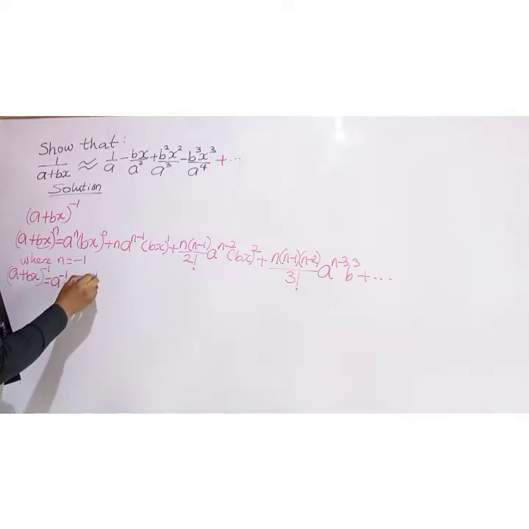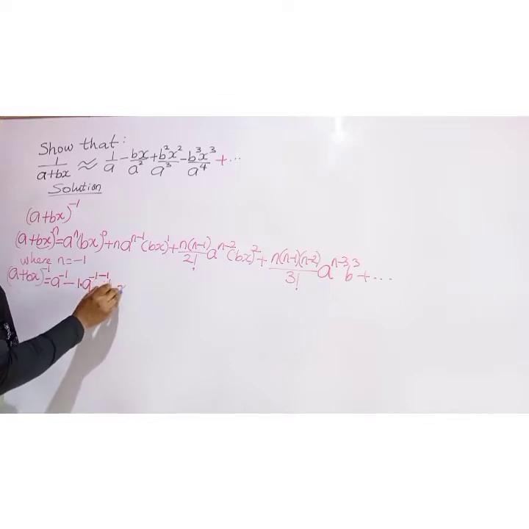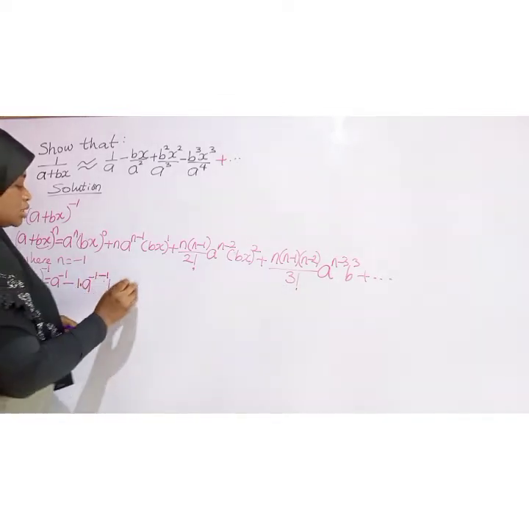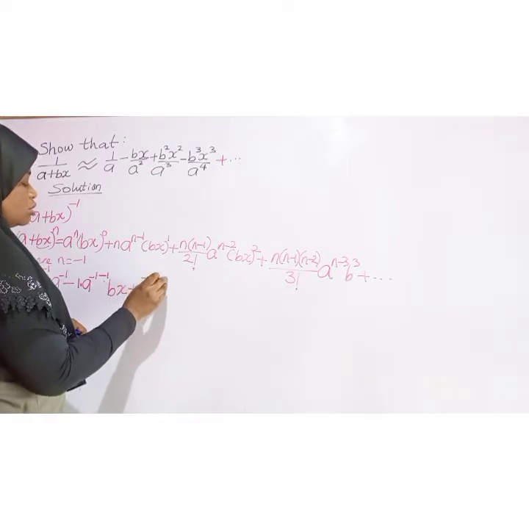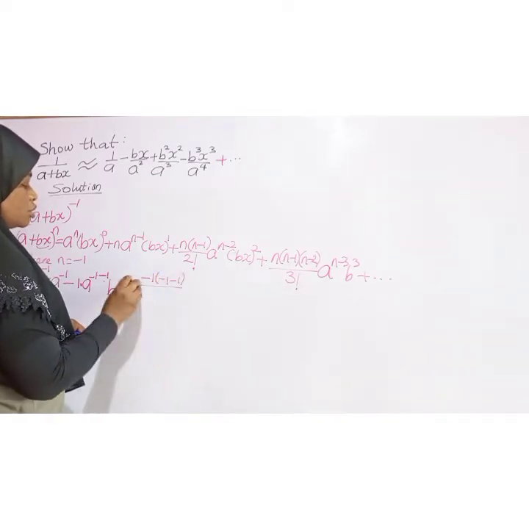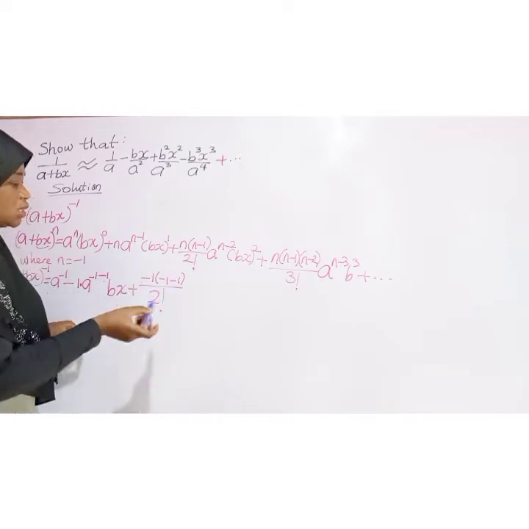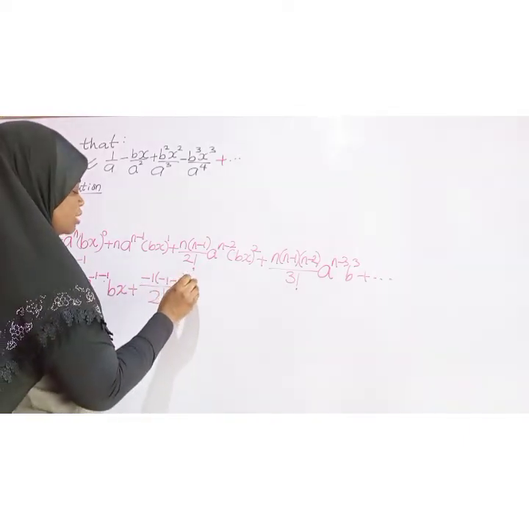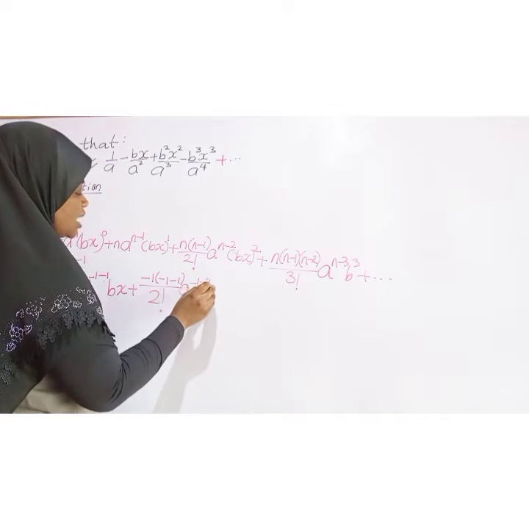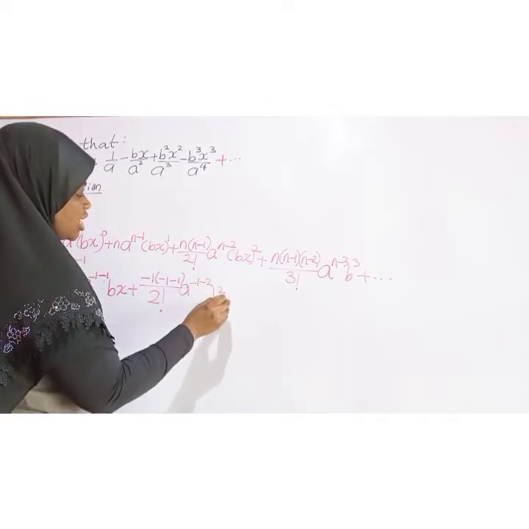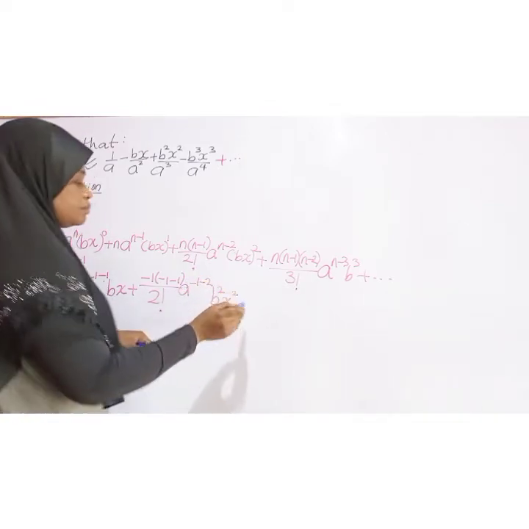raised to power minus 1 minus 1, then multiply by bx, plus minus 1 into bracket minus 1 minus 1 over 2 factorial. 2 factorial means 2 times 1. Then a raised to power minus 1 minus 2, then b squared x squared.